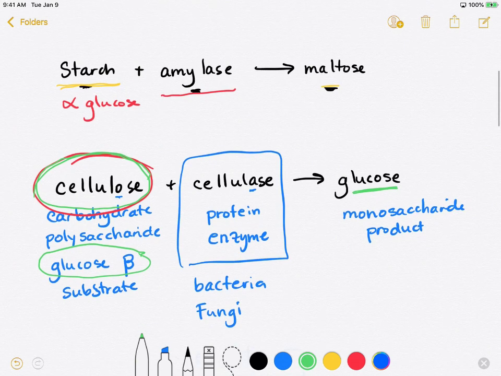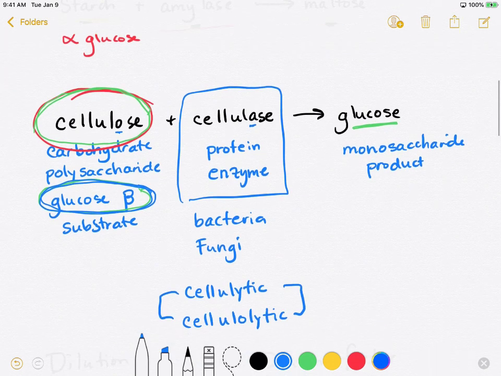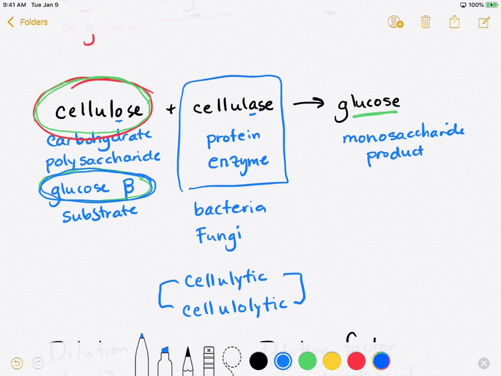An important thing to remember here about cellulose that is different is that cellulose is made up of beta glucose monomers. This was different than what we were dealing with starch previously. Because cellulose is made up of beta glucose monomers, not all organisms contain the enzyme cellulase that can break apart those beta glucose monomers.